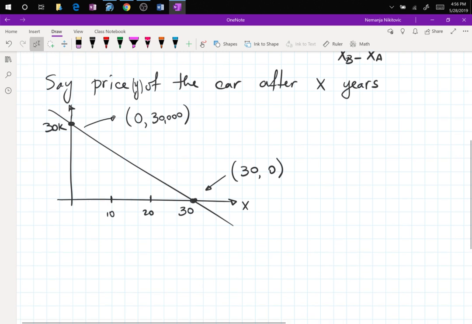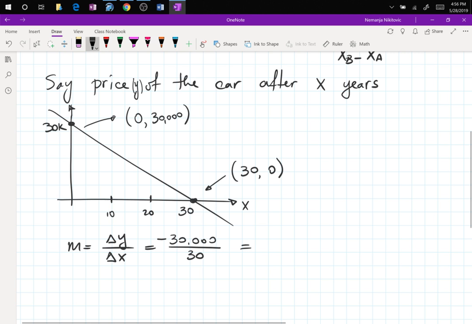So I can now use my slope formula, change in Y over change in X, to see that 30,000 divided by 30, and I'm going to put negative because the value is diminishing.